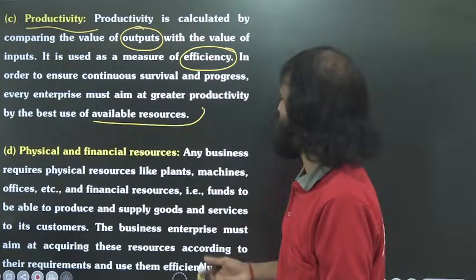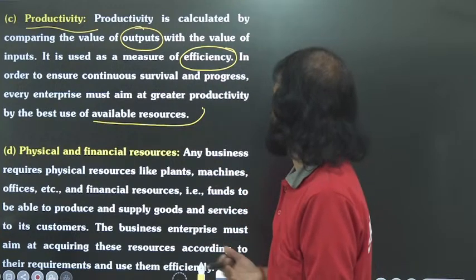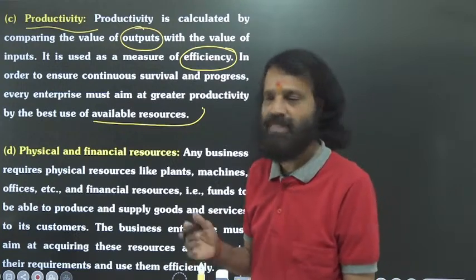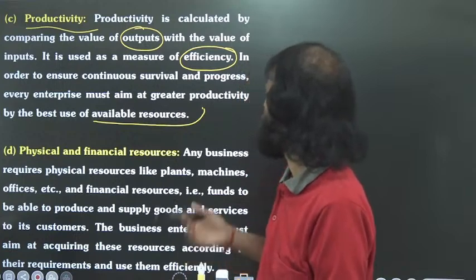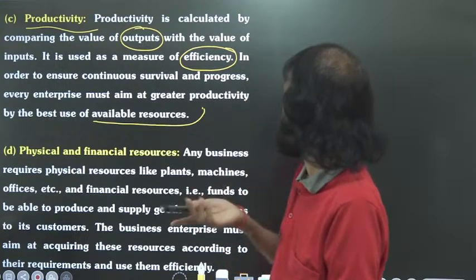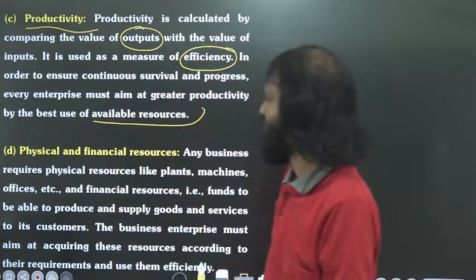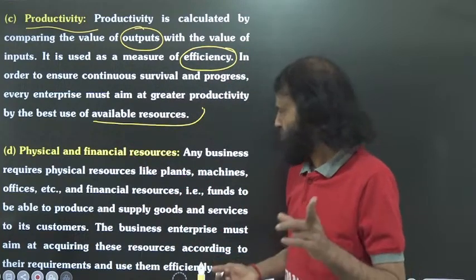If you want to survive in the market and get progress and development in your business, then you have to implement innovative ideas and produce better products which can control the market.